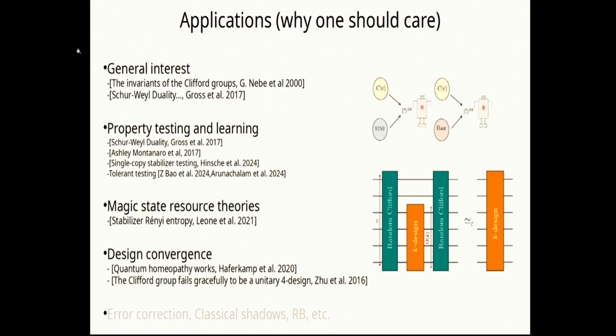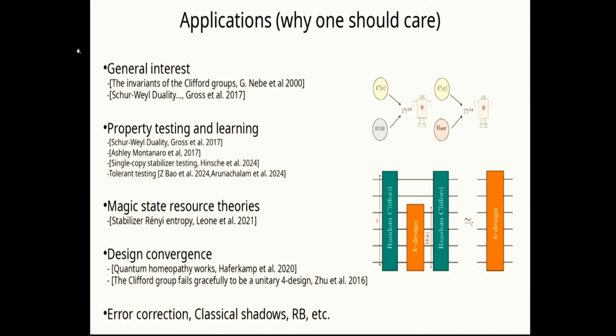And then, of course, Cliffords have been used for random circuits and to produce k-designs. So when it comes to, for instance, classical shadows, you want to have at least a 2-design, ideally a 4-design. And for randomized benchmarking, you want similar processes that capture the entire unitary group, and this can be described with designs.